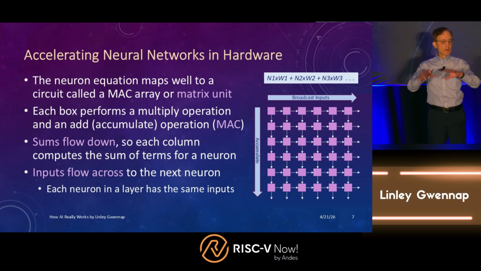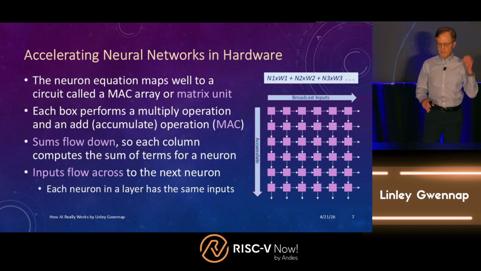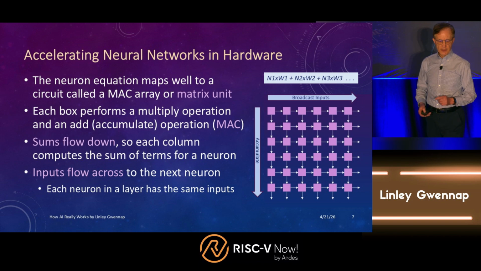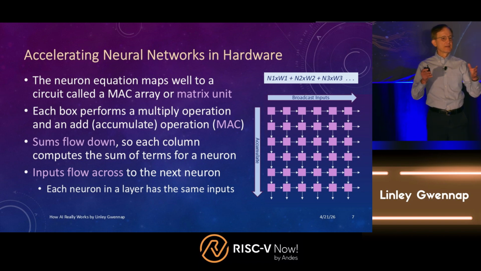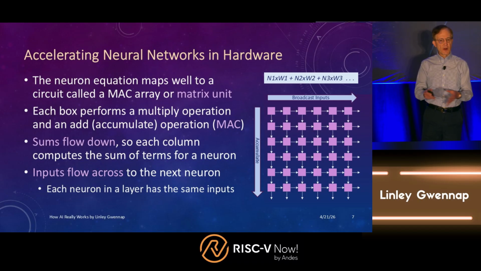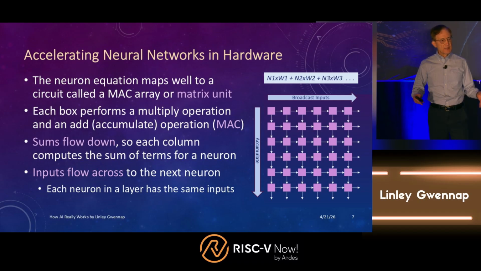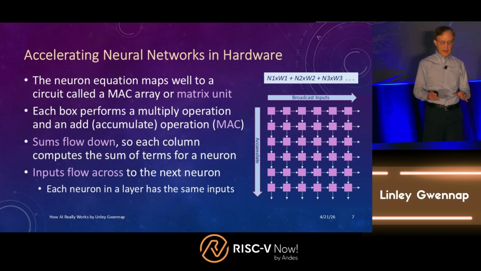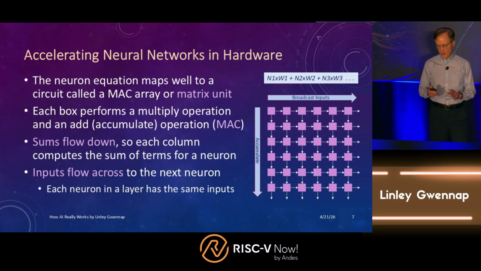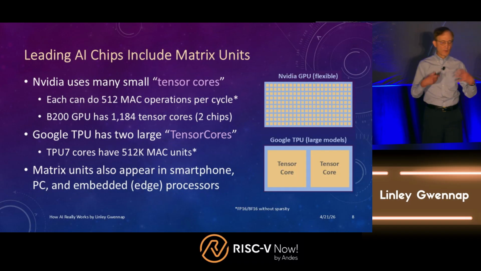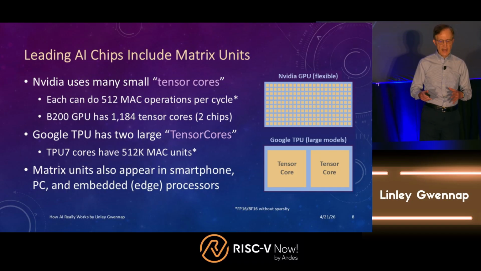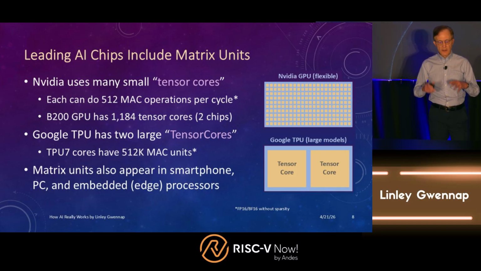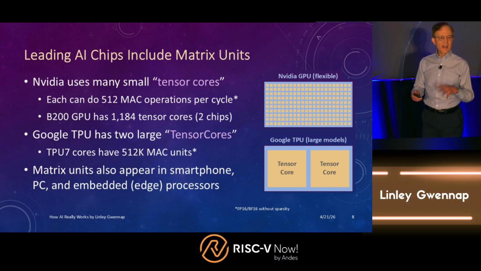You set up the inputs, you set up the weight values, and everything just chunks right through here. And so this is the most efficient hardware structure that has been designed to accelerate these neural networks. And so what we see is all of the leading chips that are focused on AI are using this kind of matrix unit, often called a tensor core.